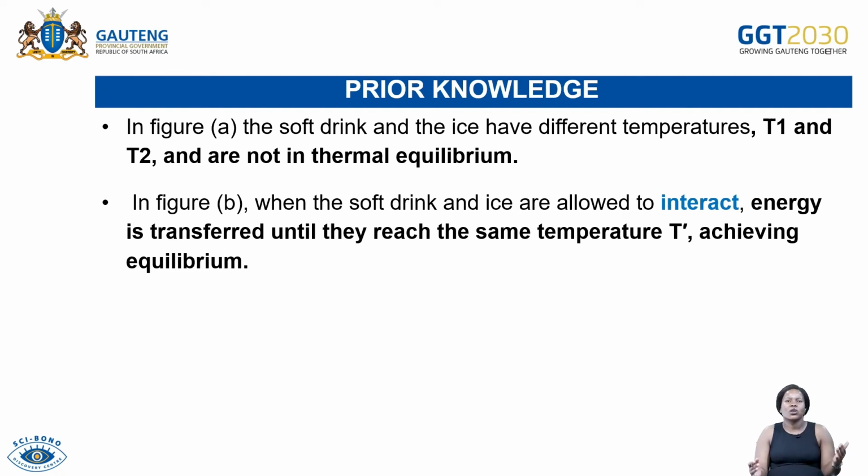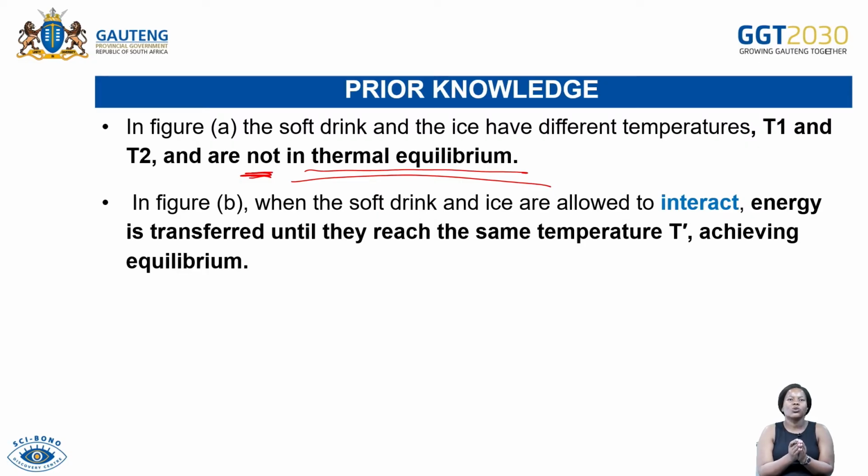In figure A, the soft drink and ice are just at different temperatures. Therefore, they have not reached what we refer to as thermal equilibrium, whereby temperature 1 is equal to temperature 2. So they are not in thermal equilibrium. However, in figure B, we find that there is an interaction between the two.